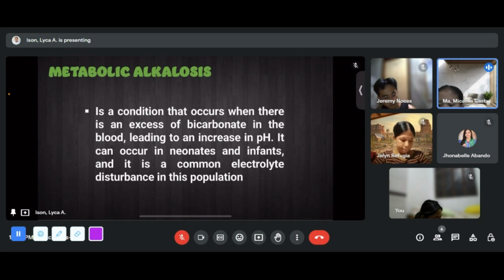So, ang metabolic alkalosis involves a primary increase in serum bicarbonate ion concentration due to loss of hydrogen ion from the body, or a gain in bicarbonate ion as a compensatory mechanism.